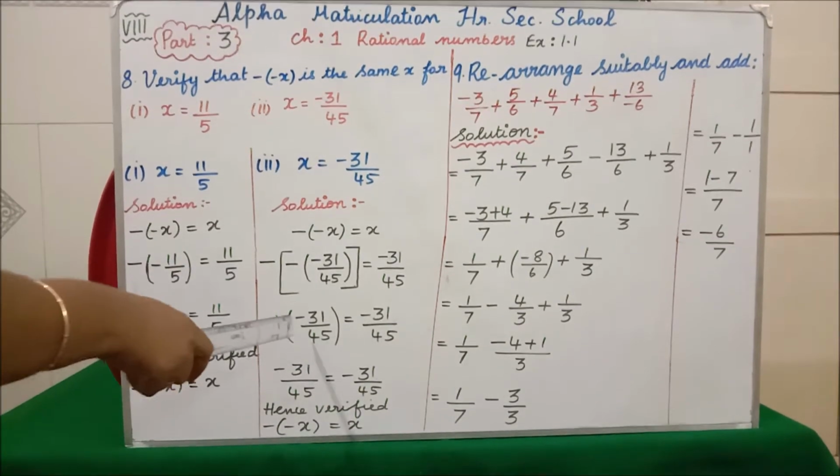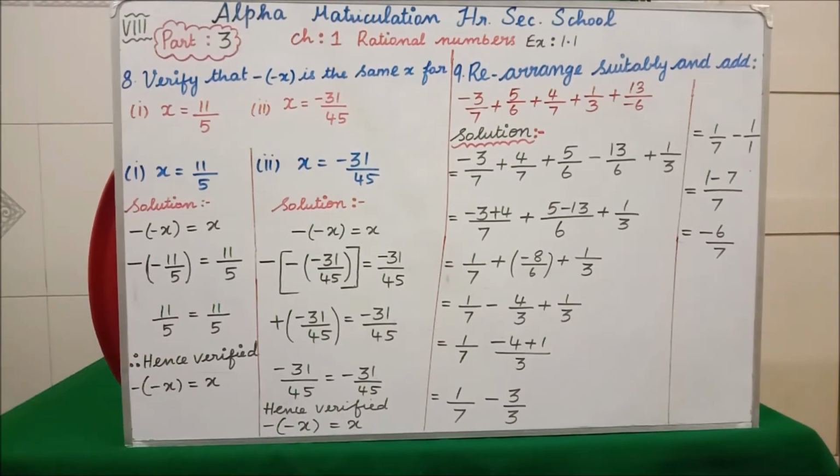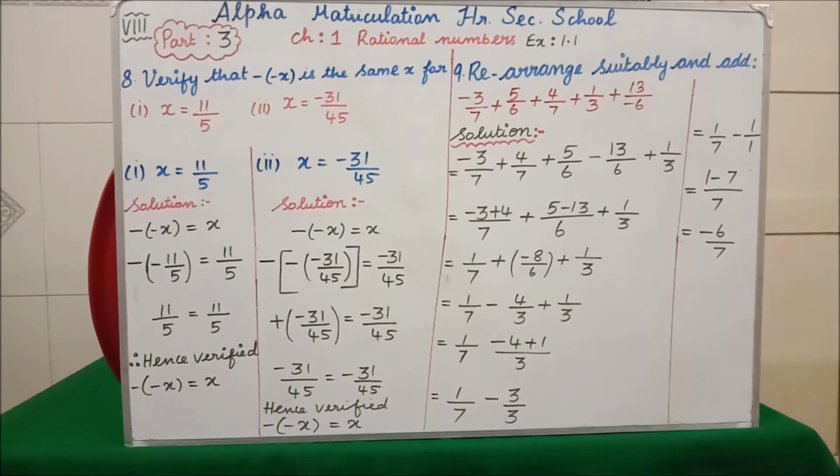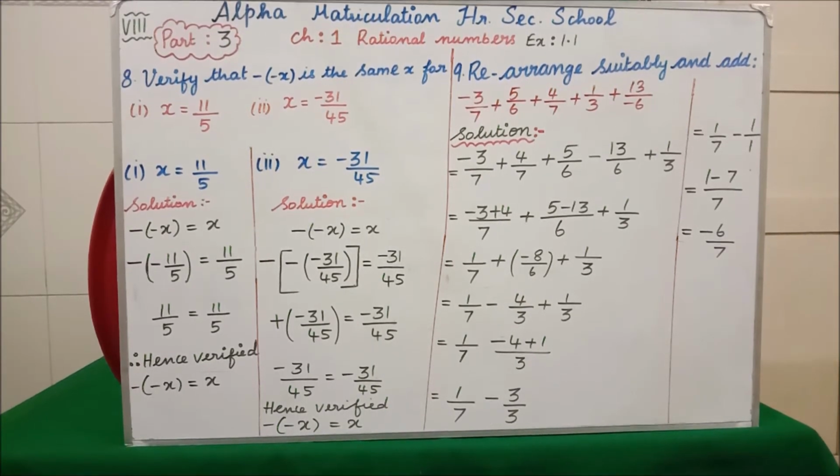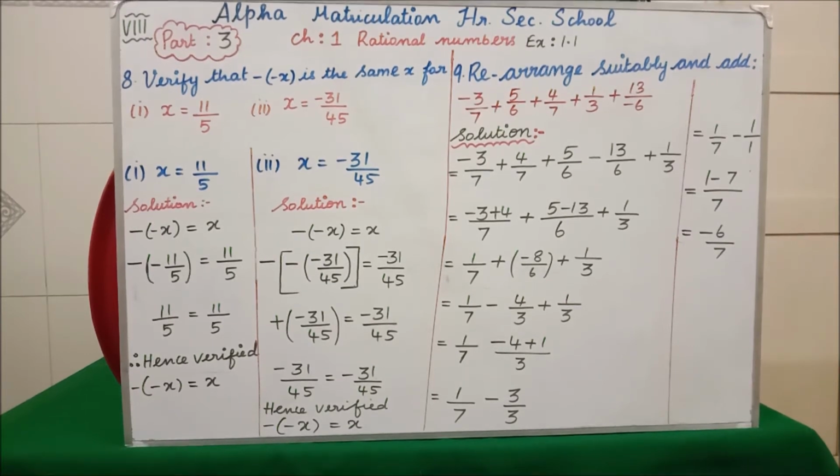So plus into minus is minus 31 by 45. That side we are already having minus 31 by 45. So this side also minus 31 by 45 and that side also minus 31 by 45. So hence verified. What have we verified? Minus of minus x equal to x we have verified. Clear, all of you? This is very simple only, no?